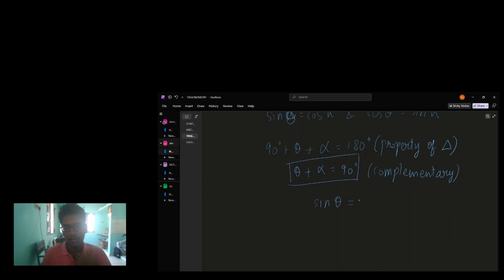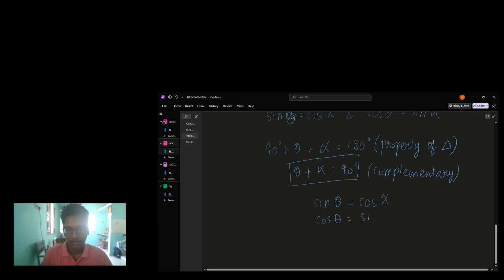So sin theta will always equal cos alpha and cos theta always equals sin alpha. Sin theta is equal to cos of 90 minus theta and cos theta is equal to sin of 90 minus theta.